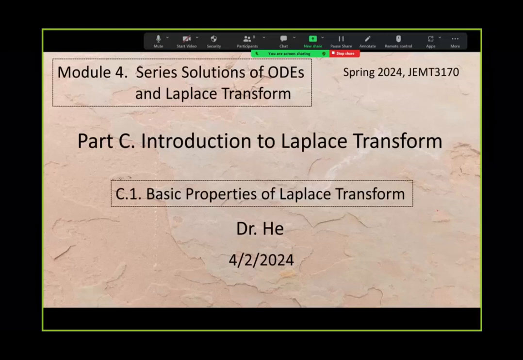So we change the domain from one specific domain to another specific domain, and do some work there. After we get a solution, we do the inverse transform, get back to our original. So this approach is very powerful. This topic is for any engineering student.